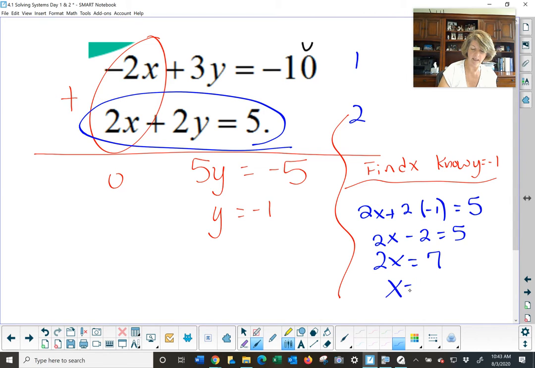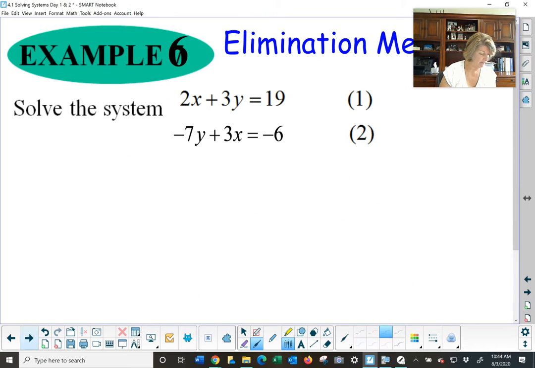Divide by 2 and we get x equals 7/2. We have our solution set, right? So I write my solution as an ordered pair of 7/2, or you could say 3.5, -1. Very nice.